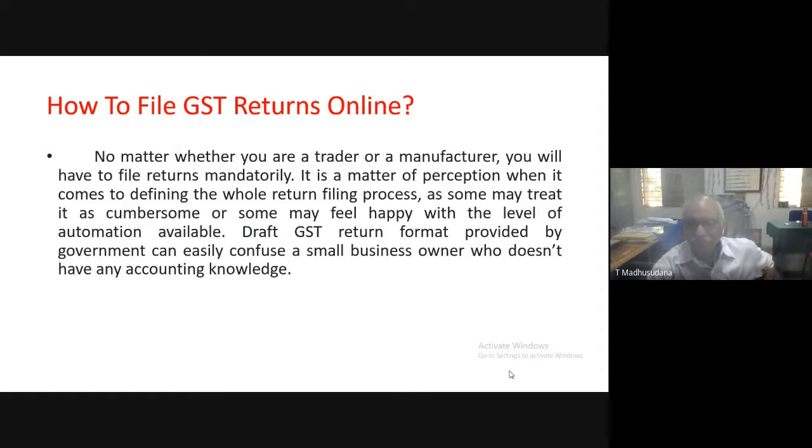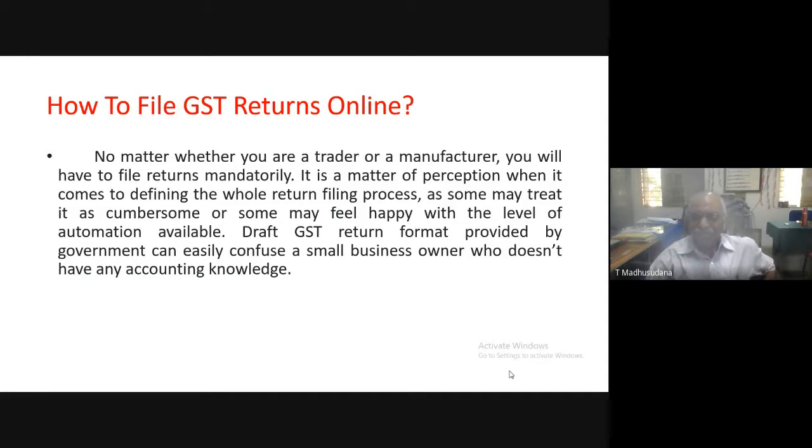It is a matter of perception when it comes to defining the whole return filing process, as some may treat it as cumbersome while some may feel happy with the level of automation available. The draft GST return format provided by the government can easily confuse a small business owner who does not have any accounting knowledge.